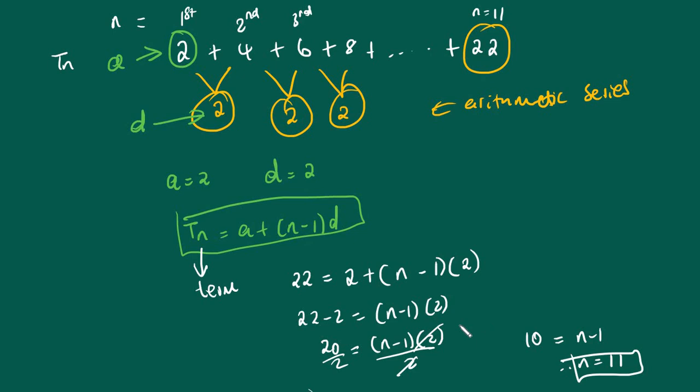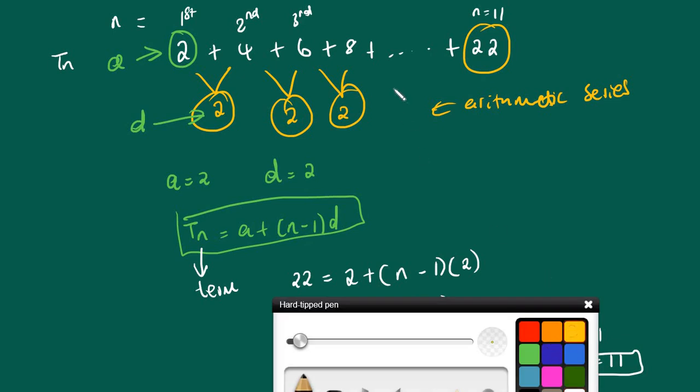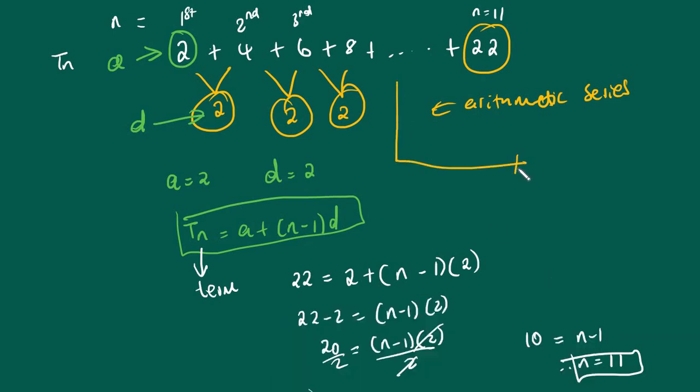So for you to represent that in sigma notation, you would write it like this. The rule, remember, is your Tn, so that means we need to at least solve for Tn real quick.